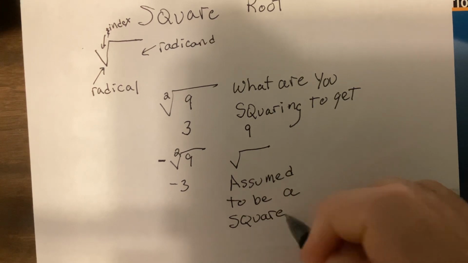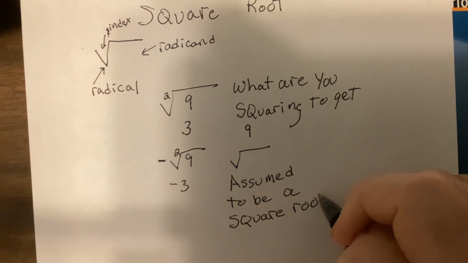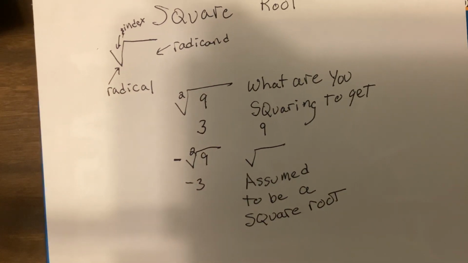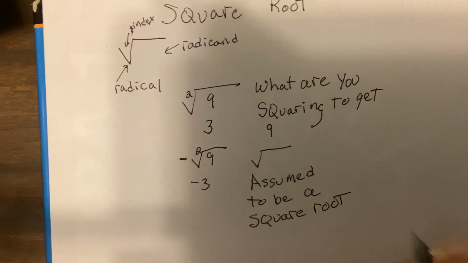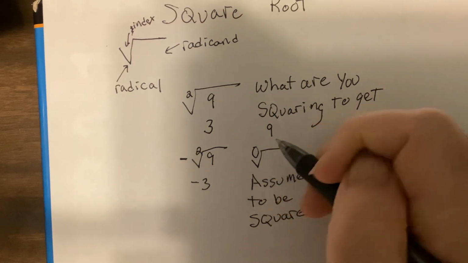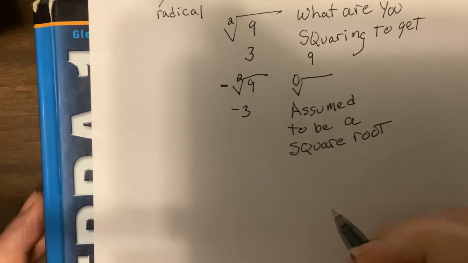You'll deal with cube roots and fourth roots when you get to junior level math, but for us, we're just going to do a square root. So index not there, assumed to be a square root.